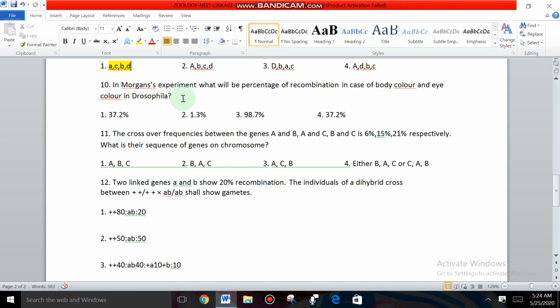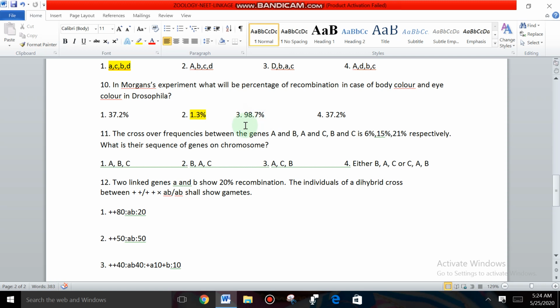So eye color and body color, in cross A, how much percentage of recombinants are formed? 98.7% parental varieties and 1.3% recombinants are formed. Remembered or not? The percentages are most important because the genes are closely placed, so very little recombination is formed, and 98.7% is parental.